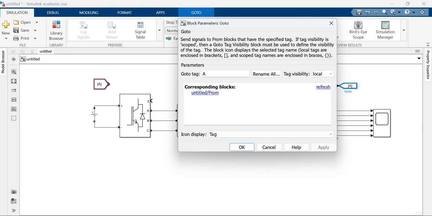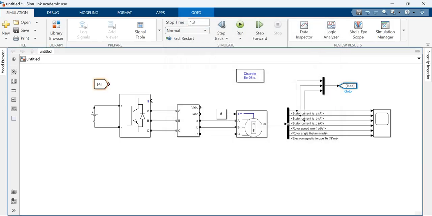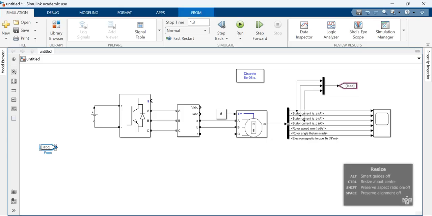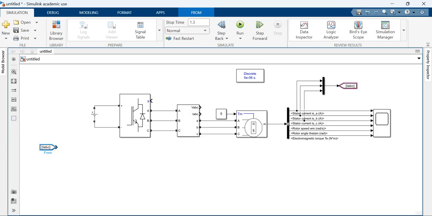I give a name, as I am measuring the current of all the 3 phases, so IABC. I give IABC, click apply and OK. So now this label can be selected here, you can just click this, you have IABC here, which means that whatever is coming here will be taken again from this point. I don't need to connect this point and this point. This is how from and go to can be used in simulation.